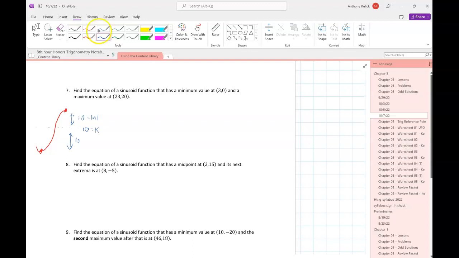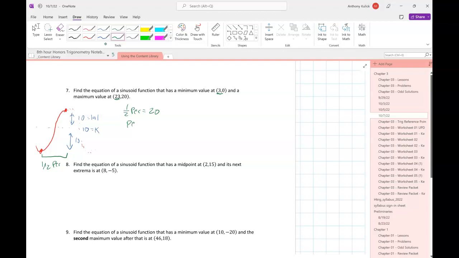All right, next thing I want to do is come up with the period. If I were to draw one full period, I'd have to go back down to a minimum, right? This looks like about half. So I know half a period is going from 3 to 23, which is 20.